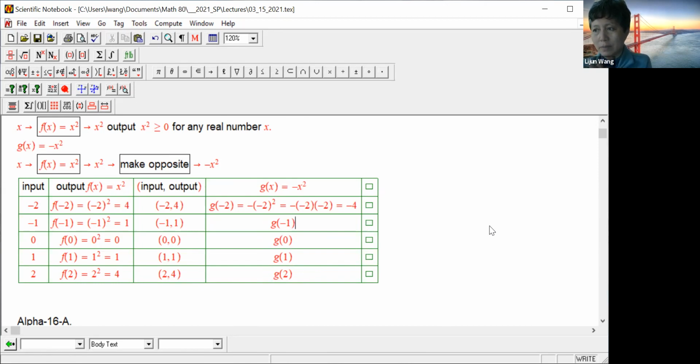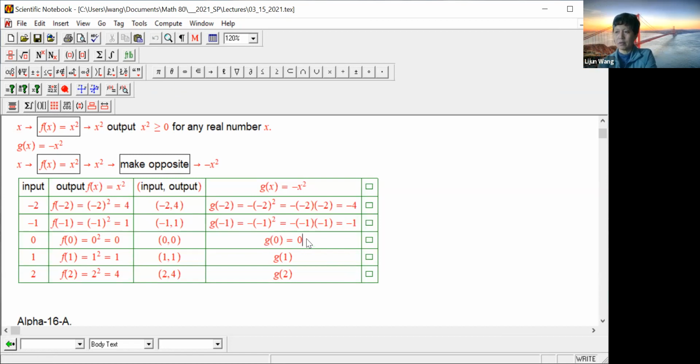Any questions? Okay, so what do we get here? You're going to have a negative of -1 squared, right? So the negative sign has to stay outside, and you do -1 times -1, and it's going to be equal to -1.